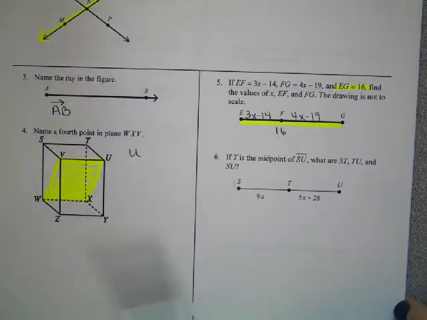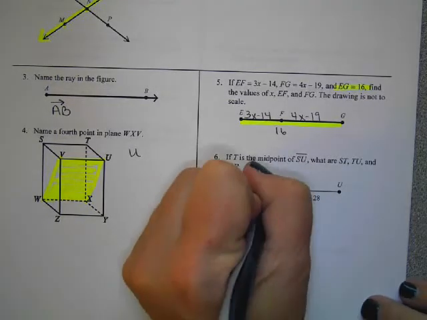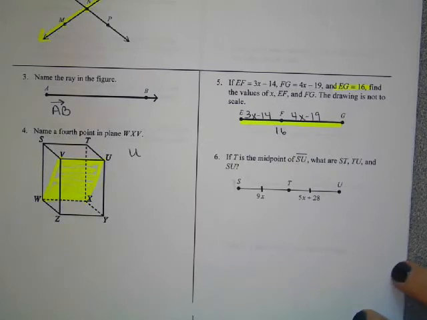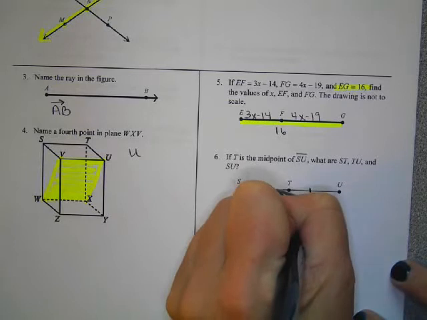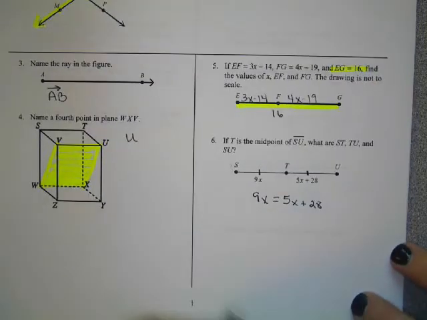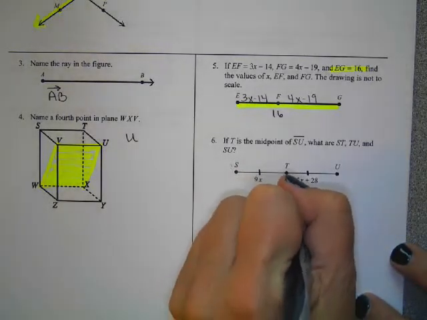Number 6, T is the midpoint of SU. So I could put a tick mark at ST and at TU. So this time 9x does equal 5x plus 28. Subtract 5x. Divide by 4.